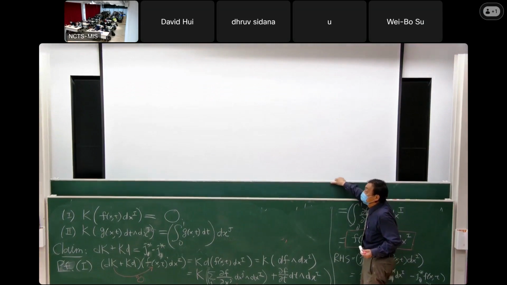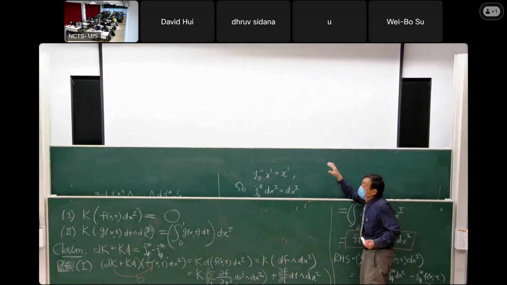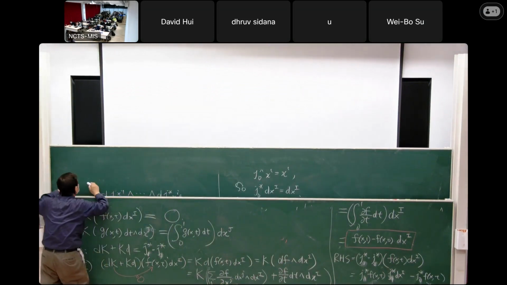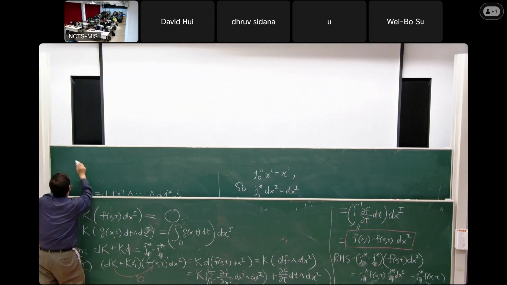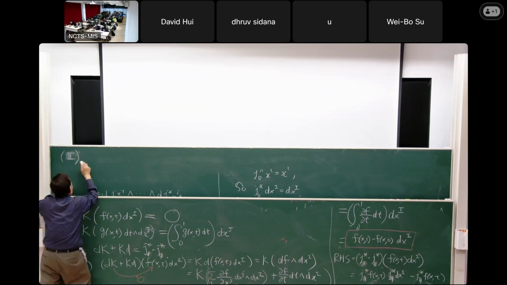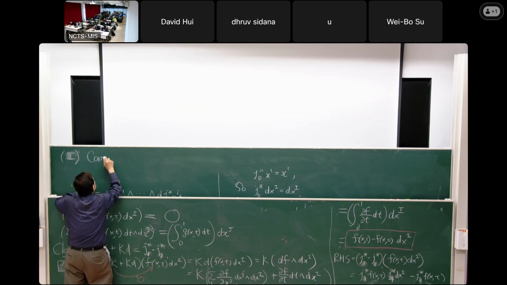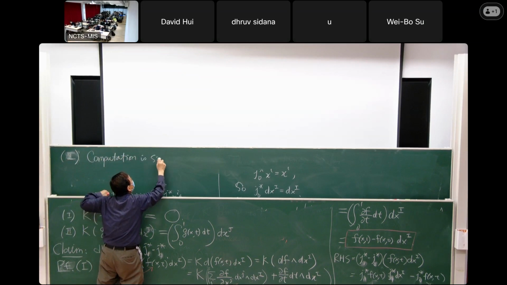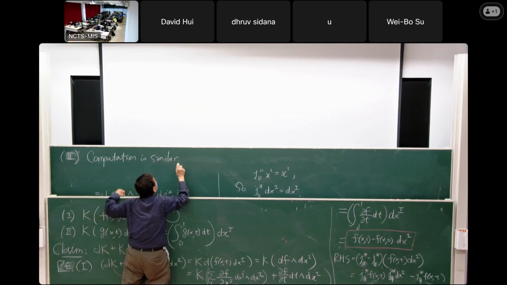I'm going to post this new proof on the internet and on the course site. So if you can't do it yourself, you can just look at this posting. On type 2 forms, the computation is similar.